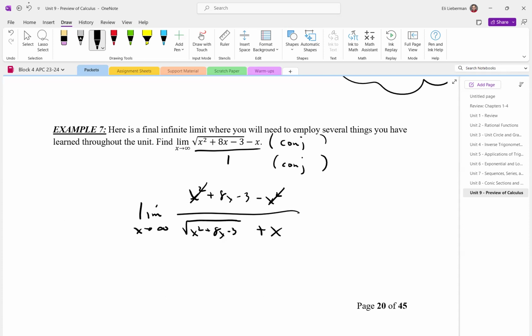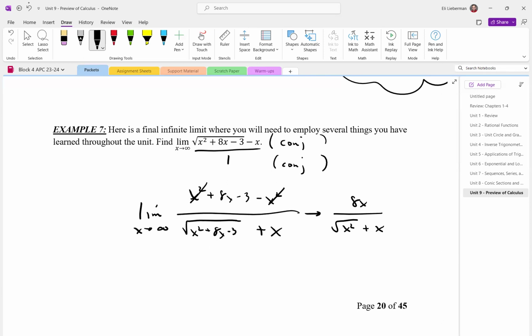And now, let's leave only the dominant term, so 8x over. In the square root, I'm going to keep x squared and the x. It's not of a lesser degree than the radical, is it?